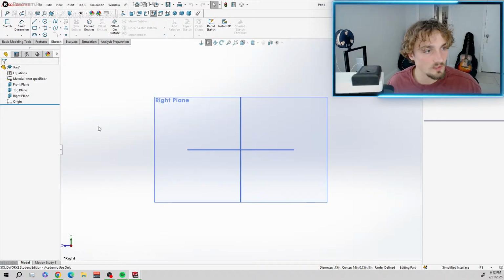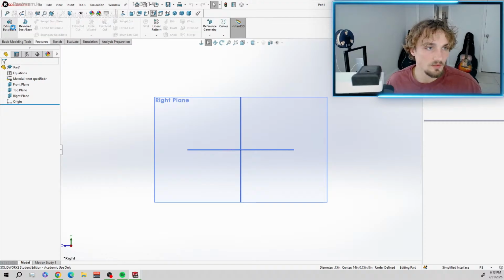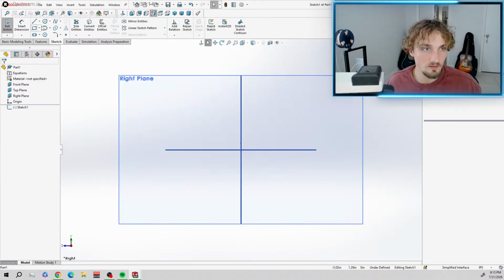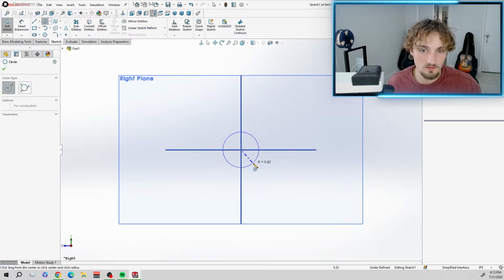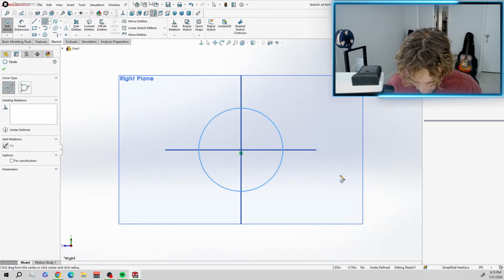Yeah, that's where we need to start, right? Okay, let's do it. Features, extrude boss base, right plane. We're gonna create a circle at the center. How large should our wheel be? In diameter, let's do 6.